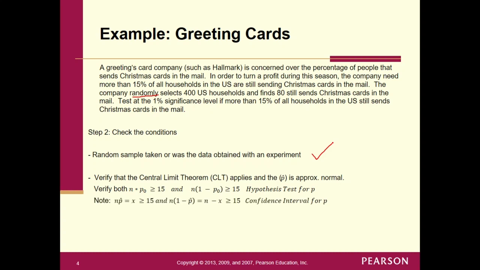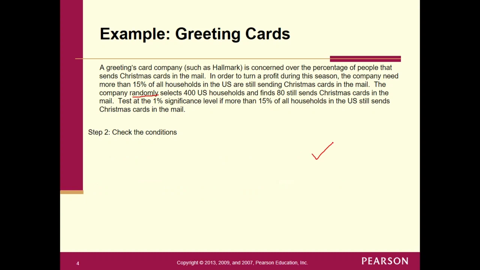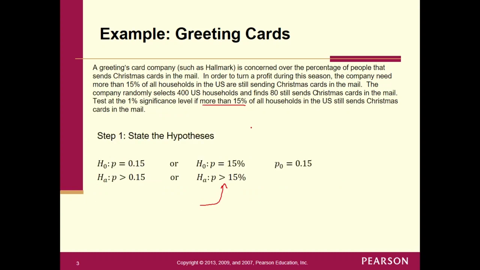Remember that that's different than the confidence interval. Just reminding you. So n times p sub 0 here is 60, so we have 400 times 0.15. Let's go back to the null hypothesis. Remember what's in the null? p sub 0, 0.15.